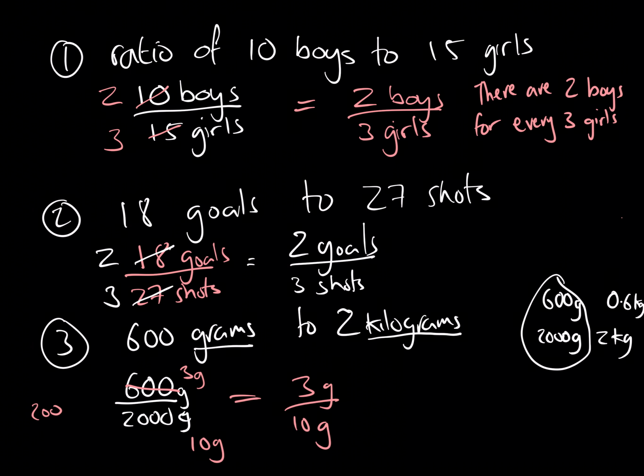But when the unit is the same as we have here, which is both grams, we can cancel the unit, so the answer can be 3 over 10. You can write it like this, or like this, or like this. All of these are the same. You can also say there are 3 grams to every 10 grams, or it's 3 to 10.